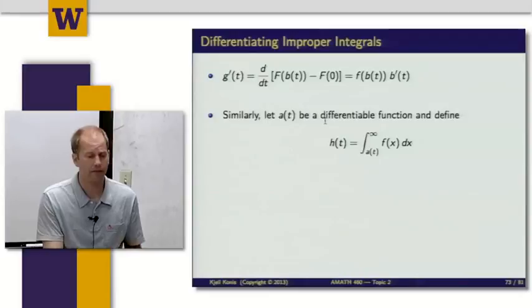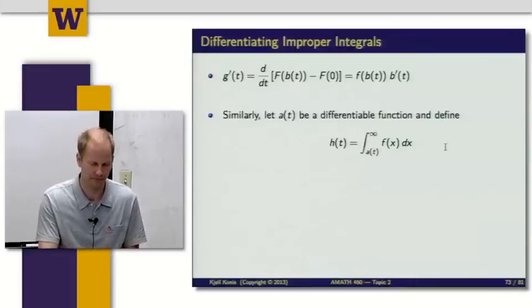And then we can do the same thing for the lower limit. So instead of g of t, I'm going to have h of t, which is exactly the same thing, except that now it's my lower limit that's a function of t rather than the upper limit.